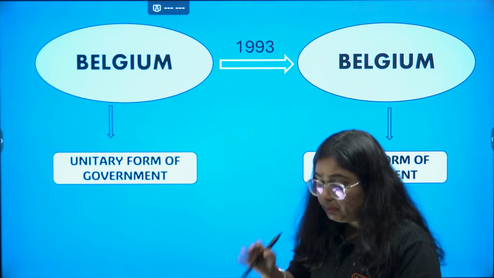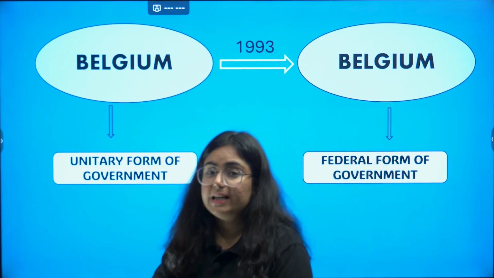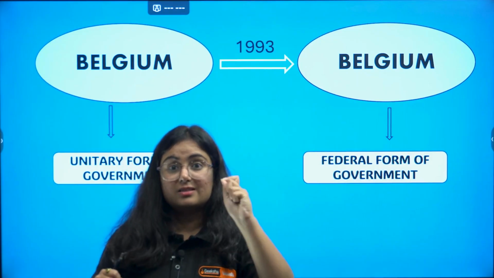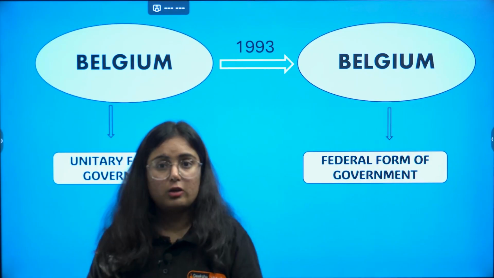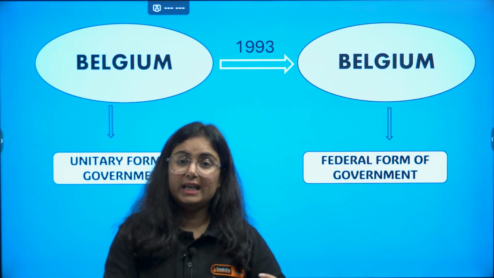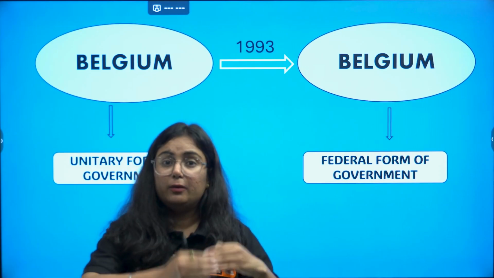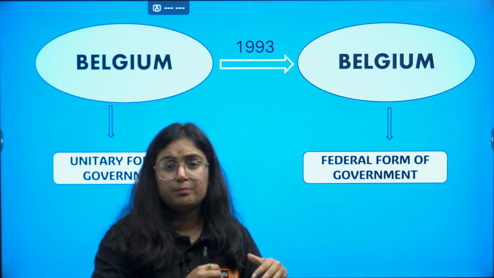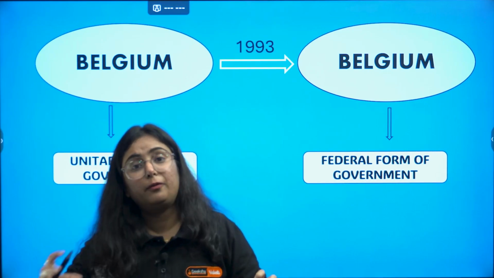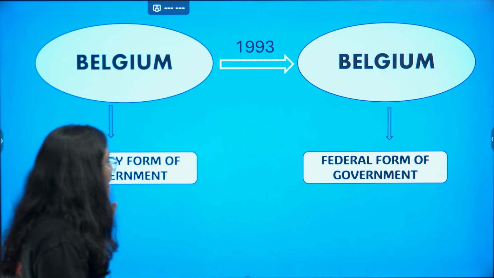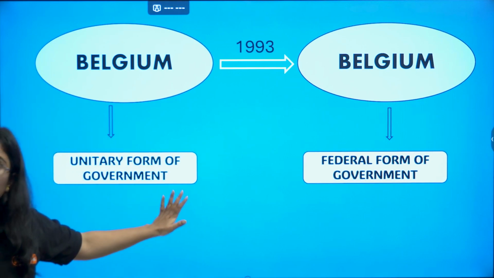Now I want to make you clear, beta. This is very important to understand because this is just the starting, this is the introduction. If a country is federal, it will share power. And if the country is not federal, then which type of government are they following? They are following unitary form of government.